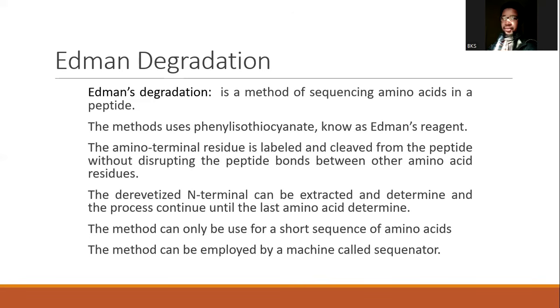Now you have the peptide with one fewer amino acid, and the derivatives can be isolated and detected. Then you repeat the cycle until you are able to identify all the amino acids in that peptide.